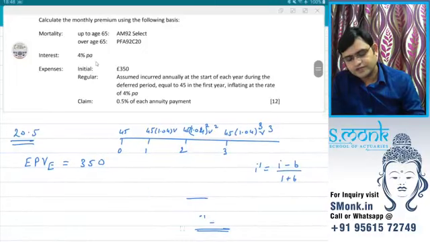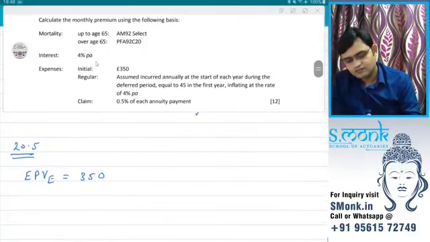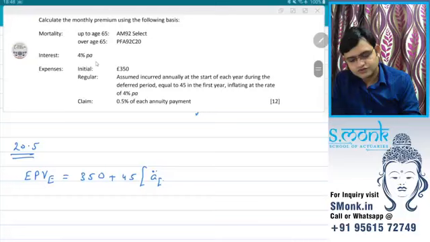So here we will be getting 45 a-double-dot. We have select mortality, so select 35 going for 30 years. We don't have -1 because it is starting from the first year, but we have it at the rate of 0%.